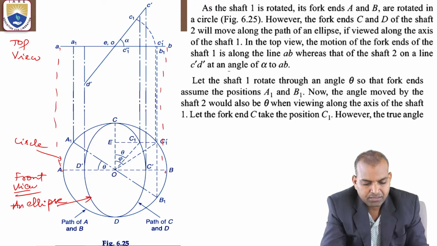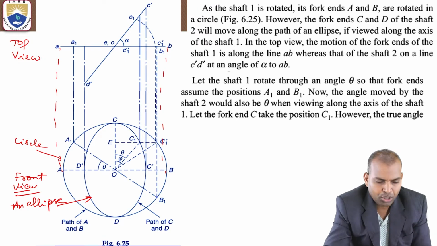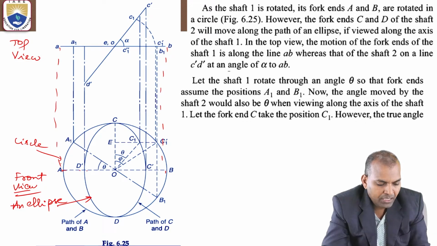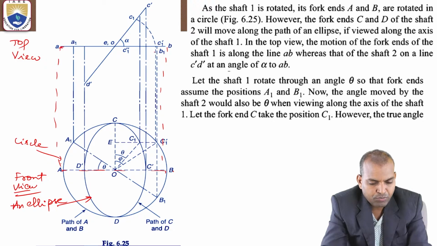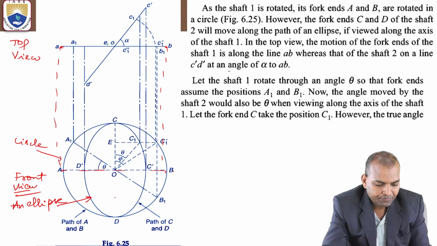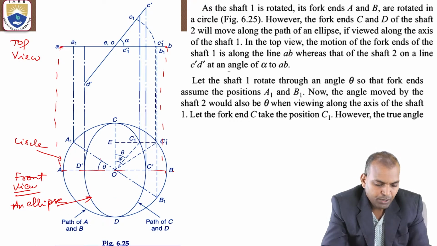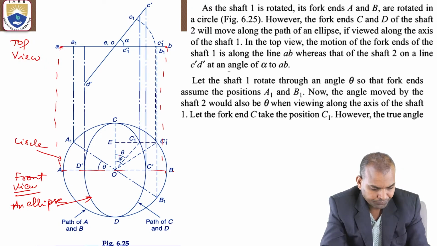Capital letters represent the front view and small letters the top view. So this ab is the axis in top view. When it turns through an angle theta, the fork end makes the same theta, and C and D also move.